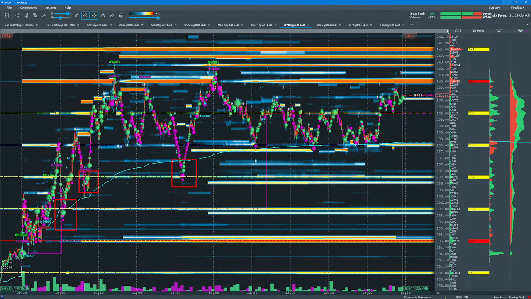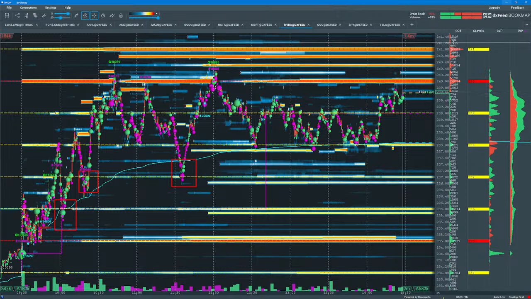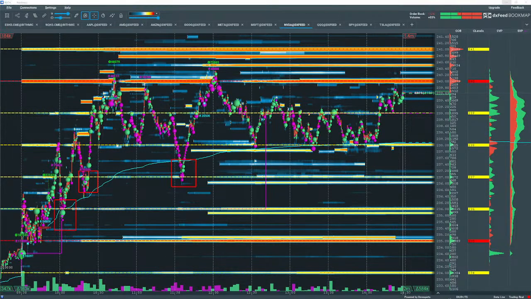This is the current order book, COB, showing all the limit orders: buy below price, sell above, and then this heat map. For example, this shaded area is showing the history of sell orders at the 240 level.